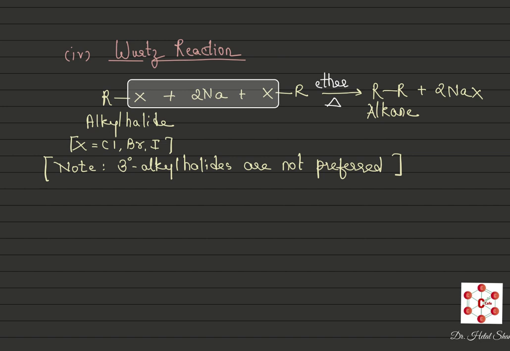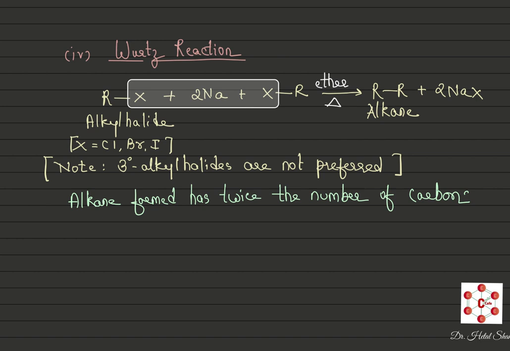We can say the alkane formed has twice the number of carbons as found in the alkyl halide. So your alkane will have twice the number of carbons as are found in the alkyl halide.